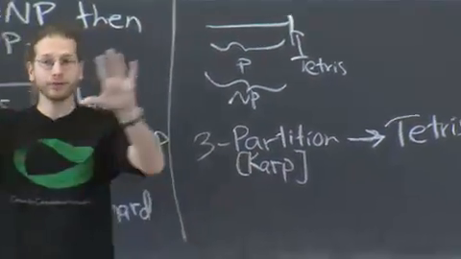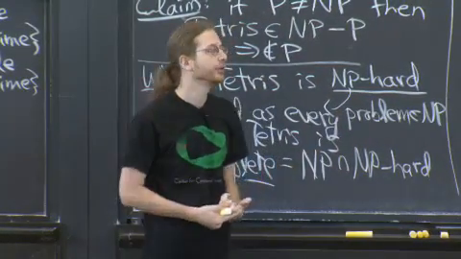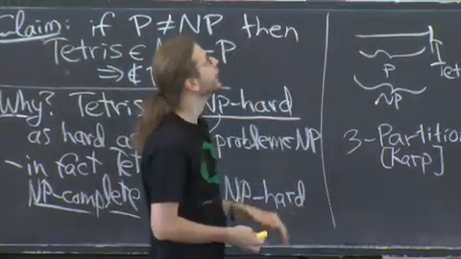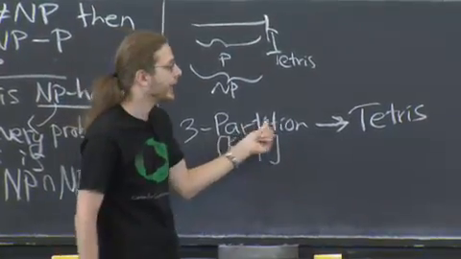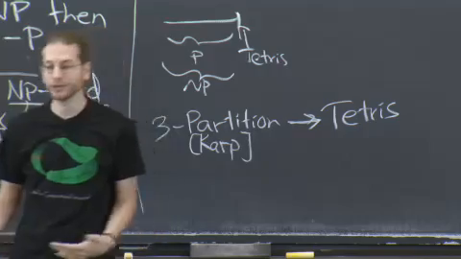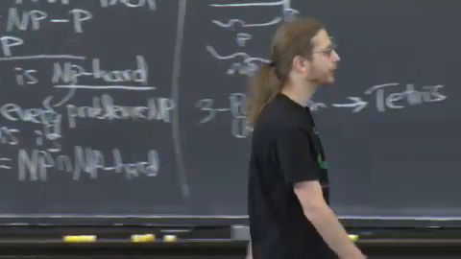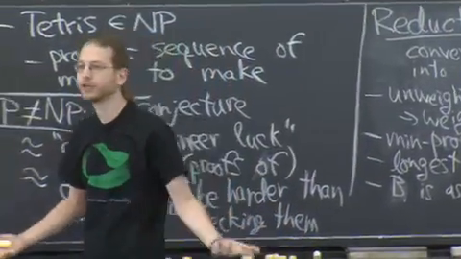In fact, all of the NP-complete problems you can reduce to each other. And so to show that something is NP-complete, all you need to do is find some known NP-complete problem and reduce it to your problem. So reductions are super useful for getting positive results, for making new algorithms, but also for proving negative results, showing that one problem is harder than another.